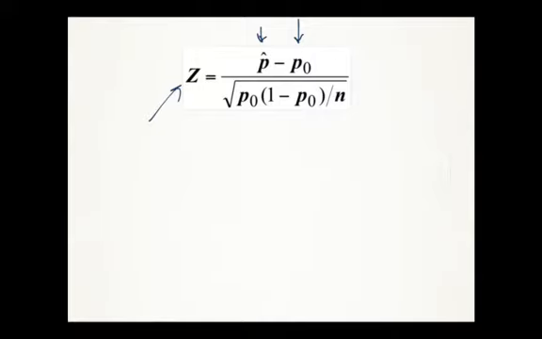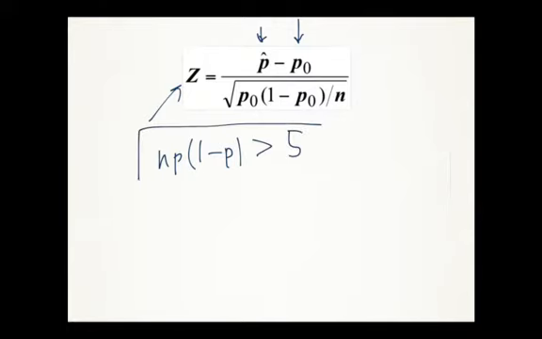Okay, this normal approximation, which we're using here, is usually deemed appropriate if n times p times 1 minus p is greater than 5. Okay, this is just a rule of thumb. So if we have a really small sample size, which means that n is small, and then we carry this out, it might not be the case that n times p times 1 minus p is greater than 5, and in that case we want to avoid the normal approximation.